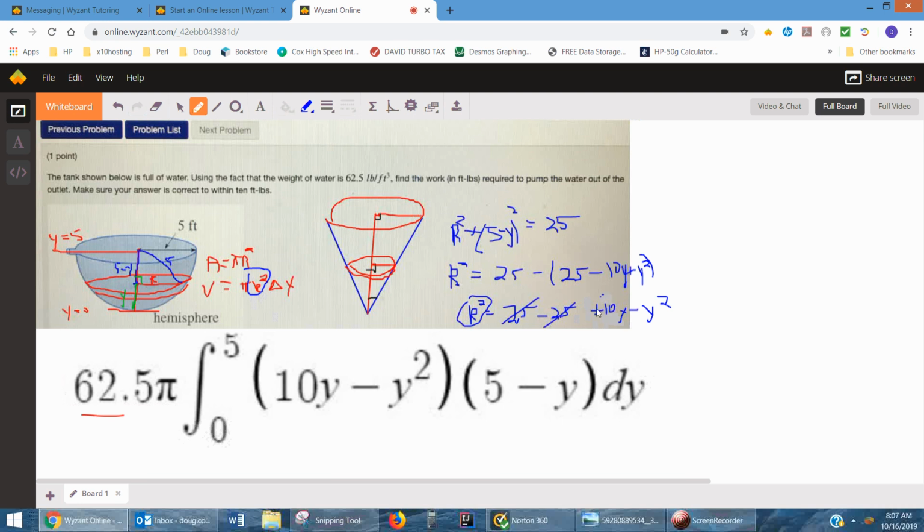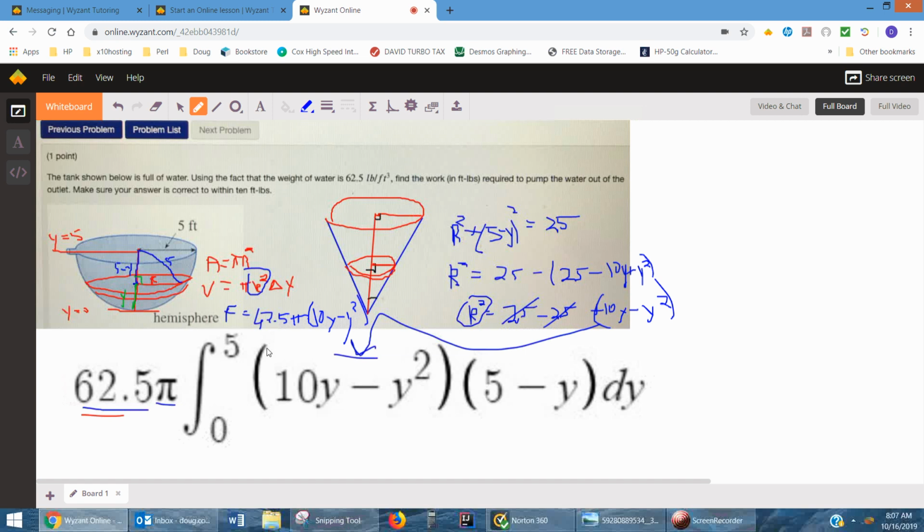So that's where this comes from, right here. That's the radius squared, and I've got the pi out front, and I've got the 62.5 from the force function. So it's 62.5 times pi times 10y minus y squared.